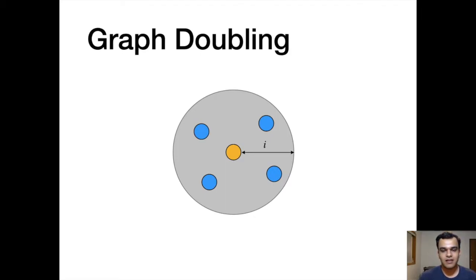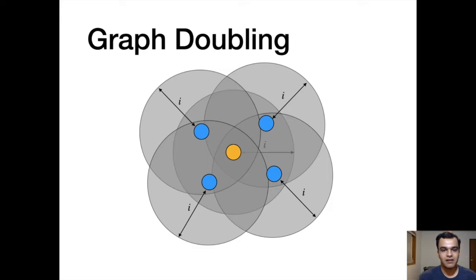Notice that, let's say we have computed an i-hop ball around the orange node, and also that in parallel we have computed i-hop balls around each node in this neighborhood.